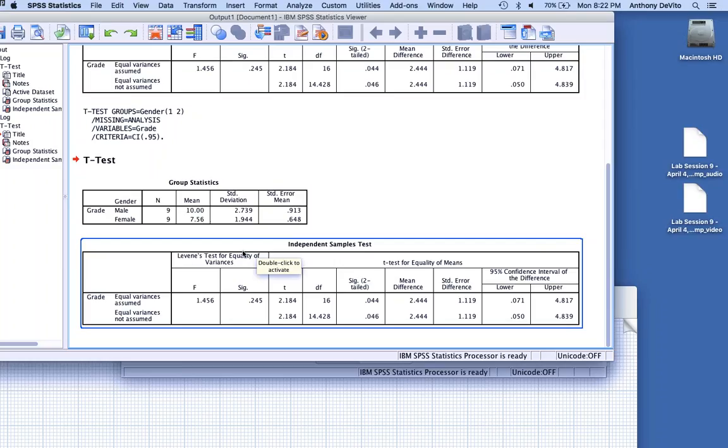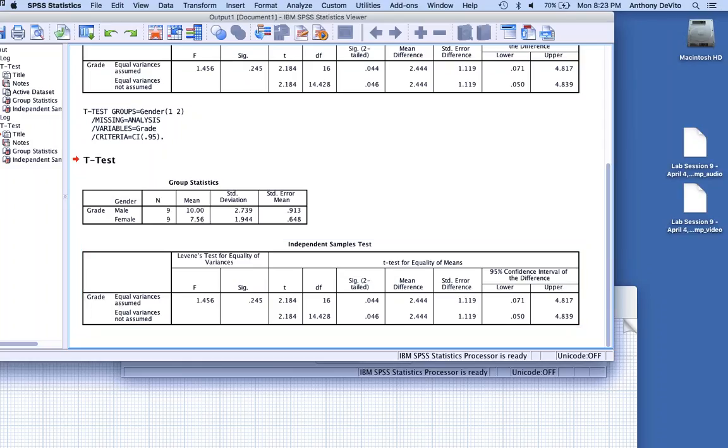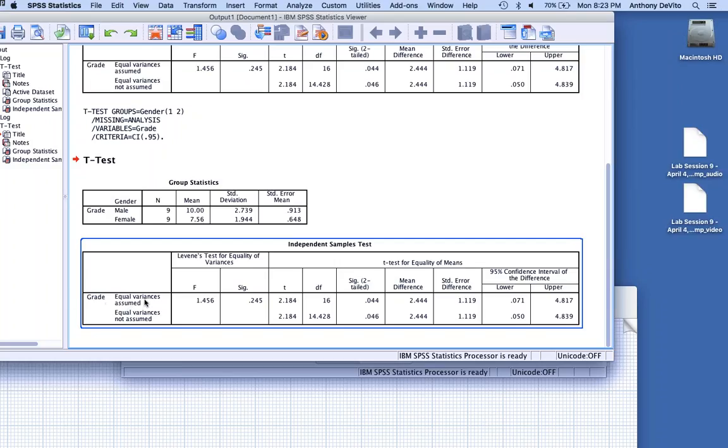Okay, first thing you see is this set of 4 boxes here. Levene's test for the equality of variances, right? Okay, now the way I rationalize this is whenever we do a statistical test, almost always we start with a null hypothesis that 2 things are the same. In this case, the 2 things we're talking about are the variances. So I'm going to assume that we have equal variances.